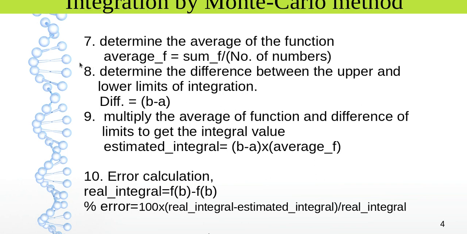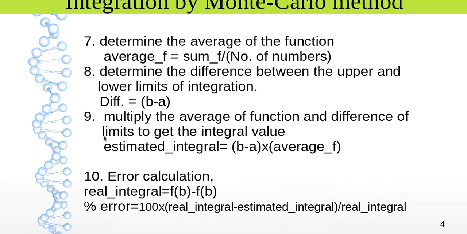In the 8th step we determine the difference between the upper and lower limits of the integration, as b is taken as the upper limit and a as the lower limit, and their difference will be b minus a. After determining the difference between the limits, we multiply the average of the function by the difference of the limits to get the integral value.